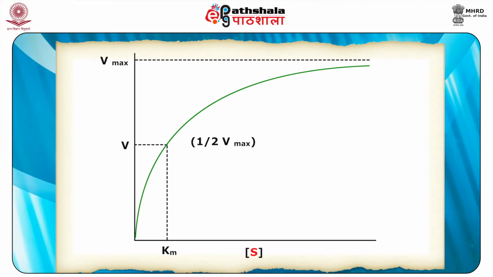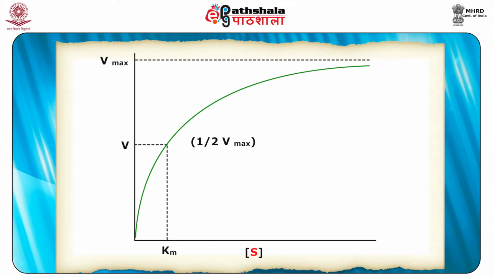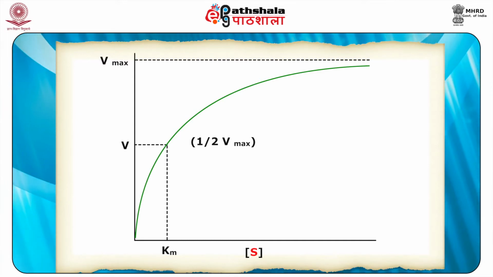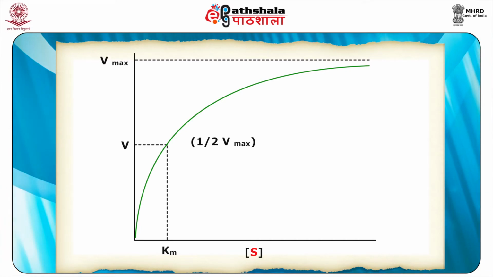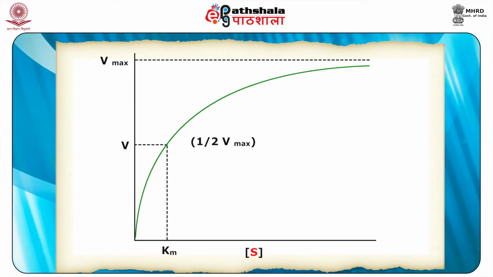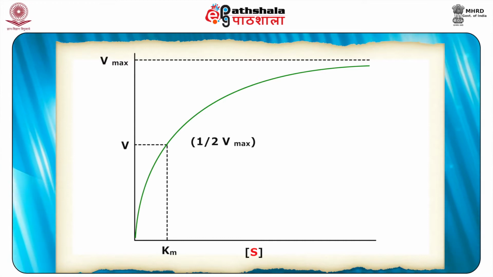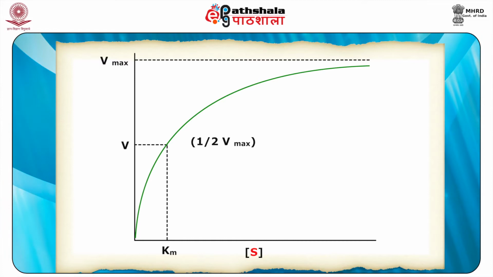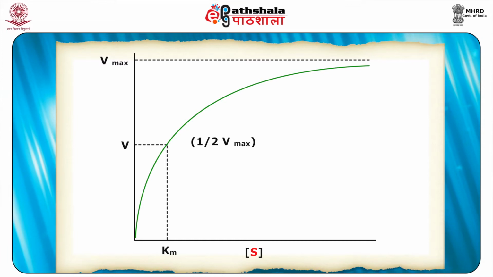It is apparent that at lower concentrations of substrate, the velocity is proportional to substrate concentration, and at higher substrate concentrations, the graph becomes parallel to the x-axis, indicating saturation kinetics or Vmax.